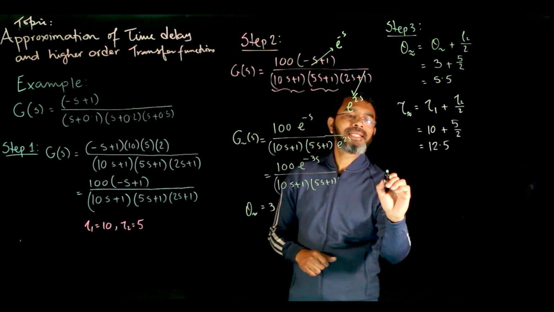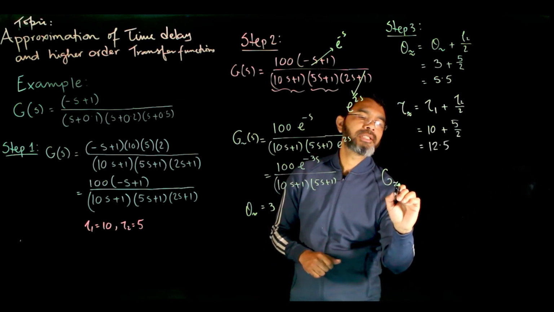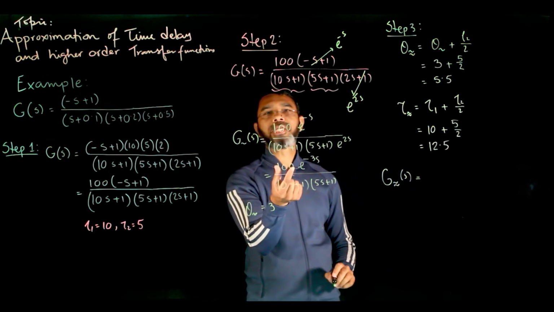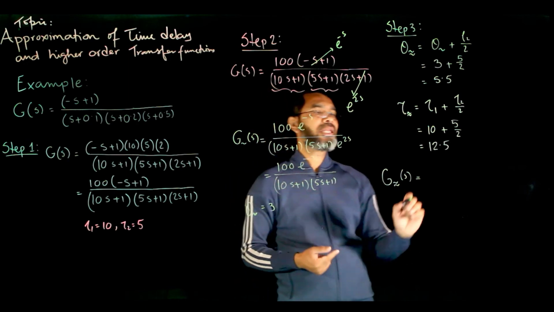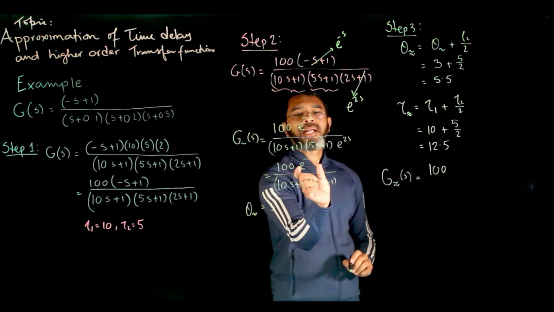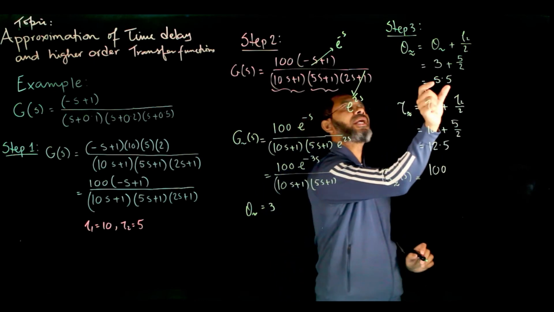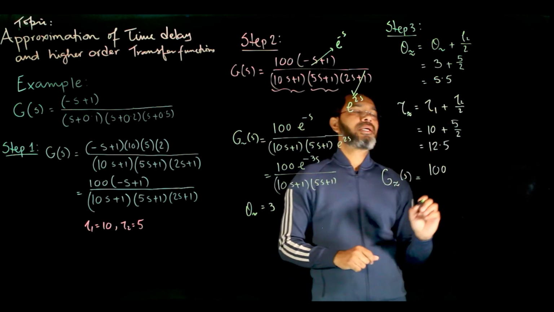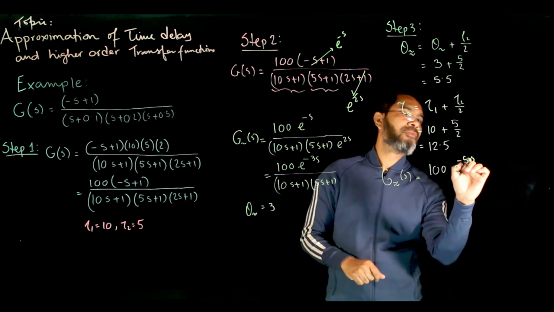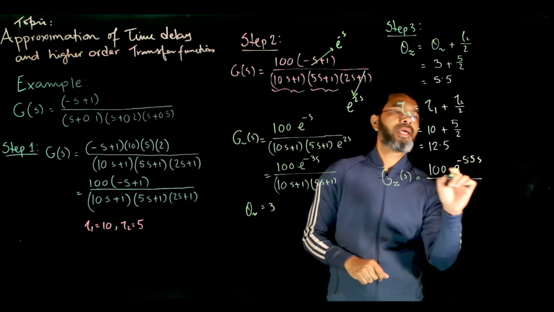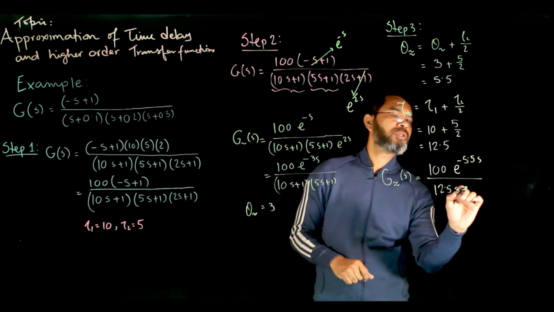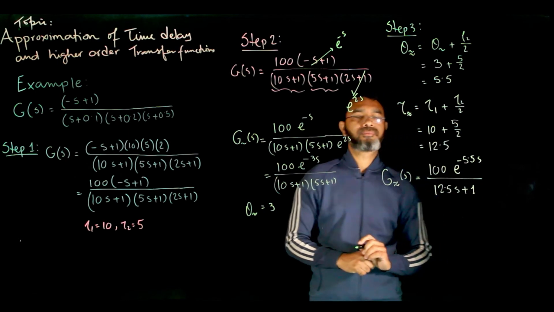So finally we get the approximated transfer function, where the k remains there. Do remember that there is no change in the gain. So 100, and adding half of this, we get e to the power negative 5.5s over 12.5s plus 1.